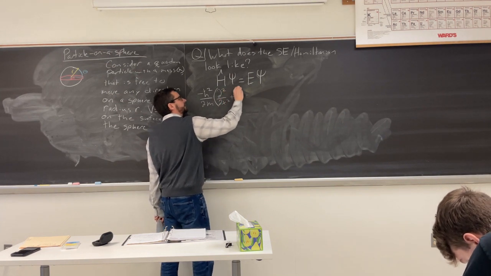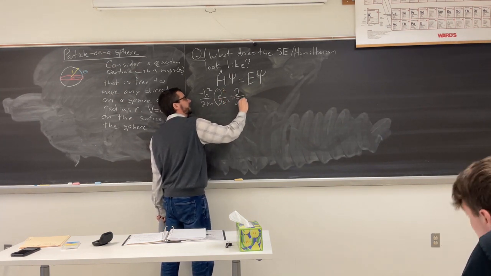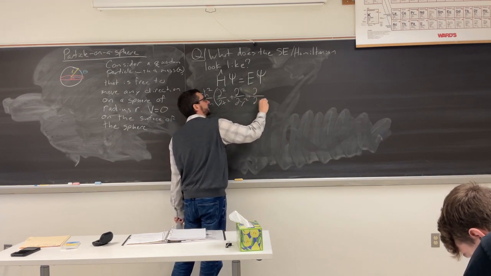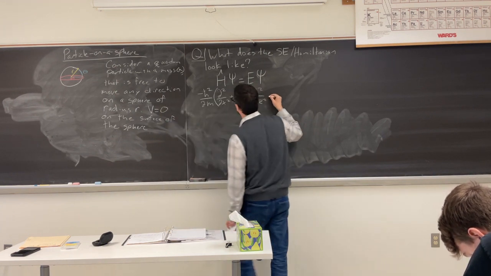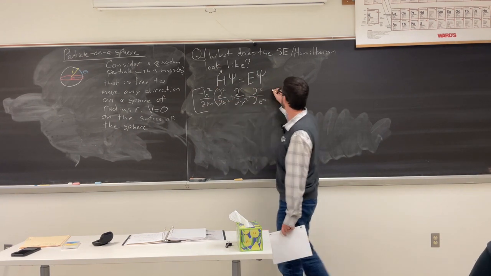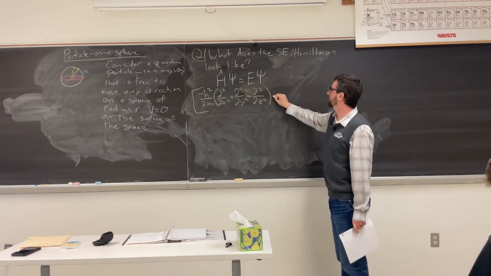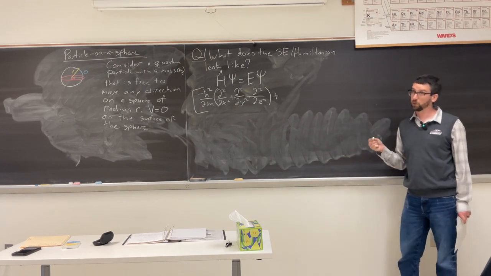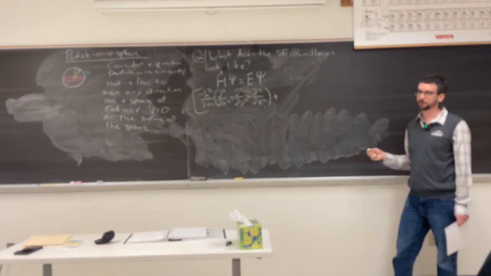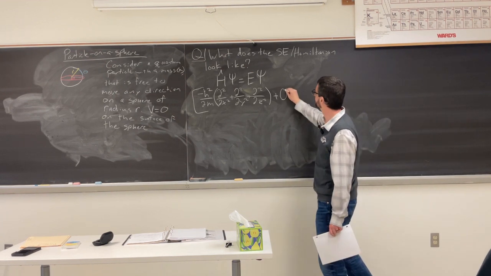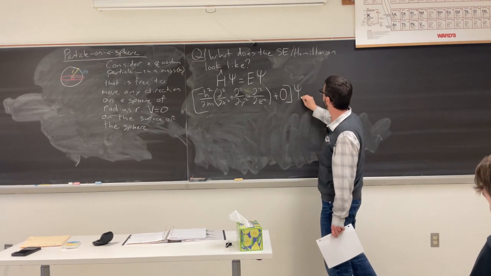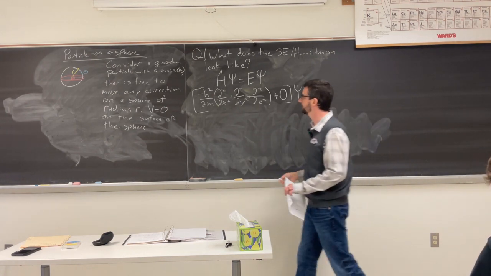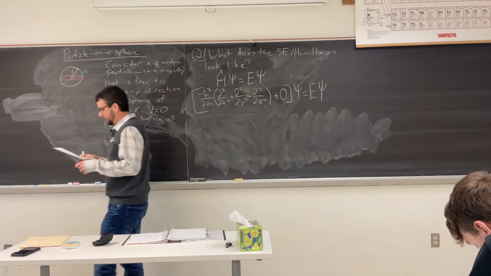Second derivative of x, second derivative of y, second derivative of z. Okay, plus, we typically have the potential term. What have we set the potential to in this system, though? Yep. Nice. We'll get that.